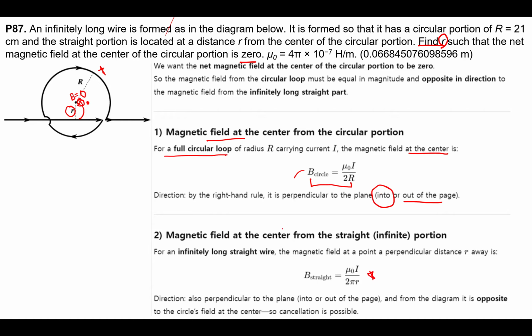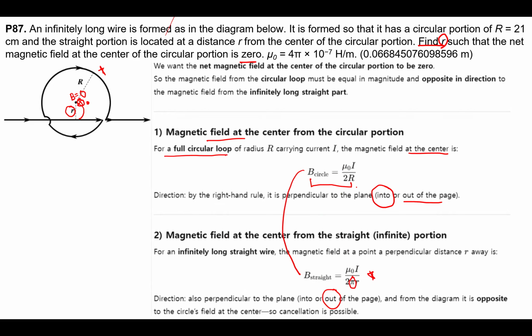Note that it looks very similar, but for the circular loop and the straight wire, there is a pi factor difference, okay? If it is into, then it is going to be out of the page, so that these two are in opposite directions.